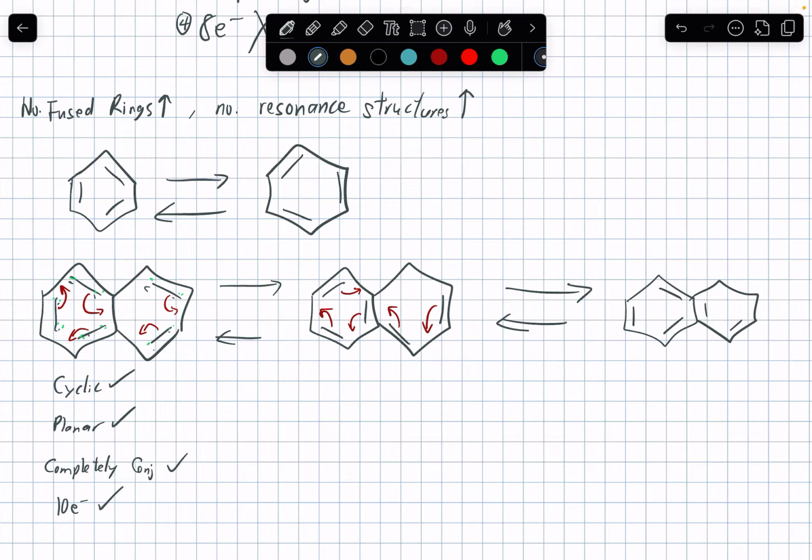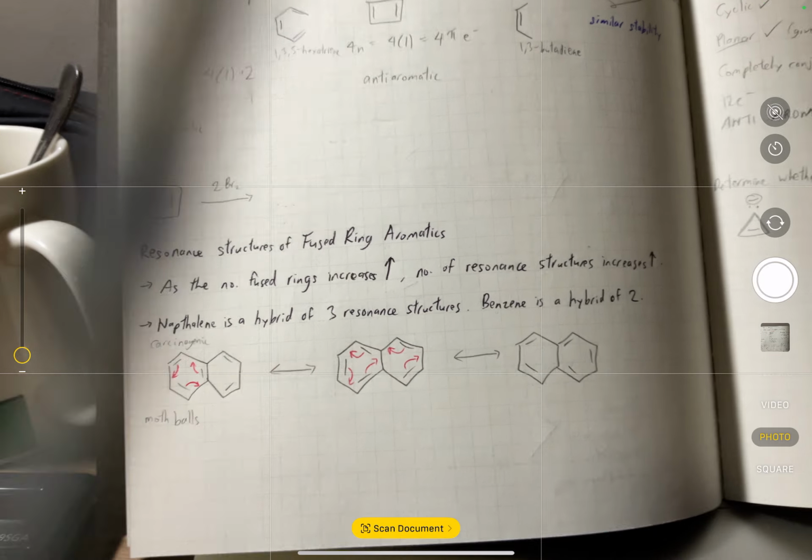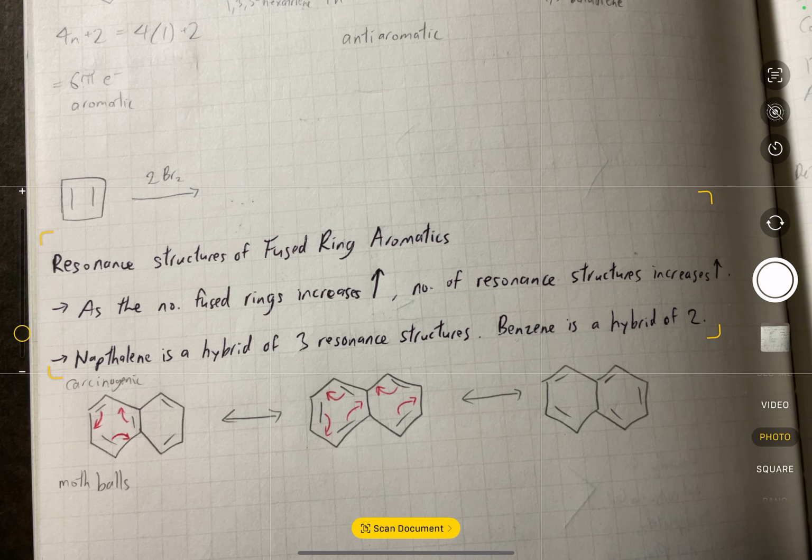Something doesn't look right. Yeah, something doesn't look right. Let me just show the picture. So that's what it looks like.